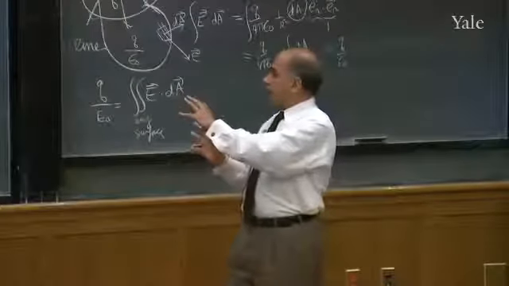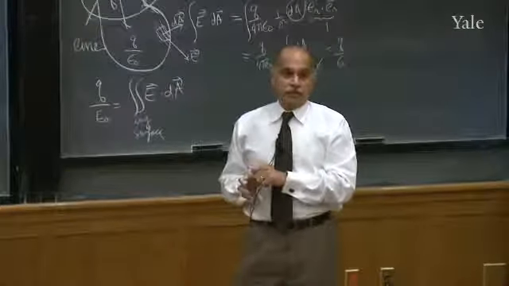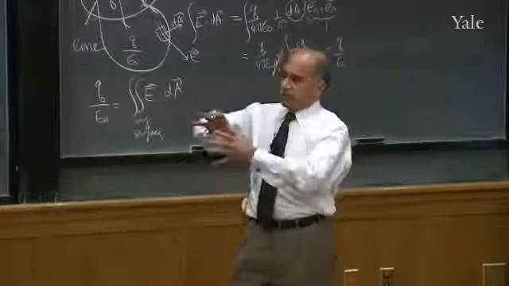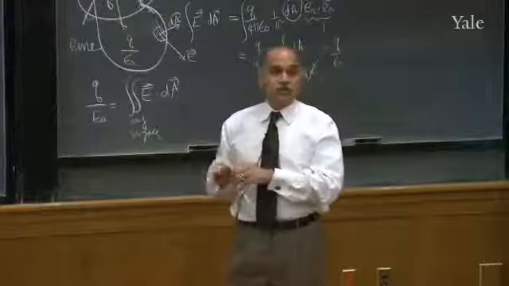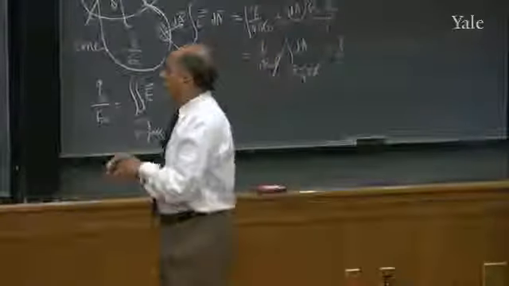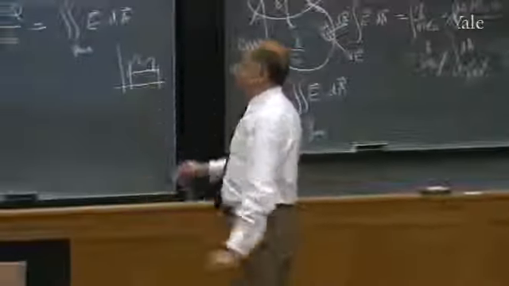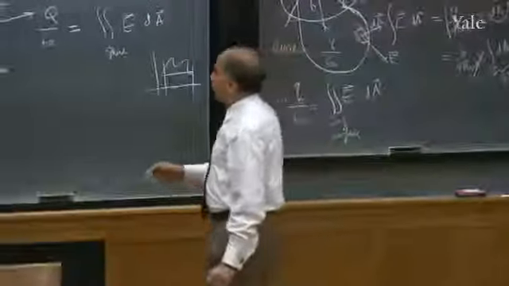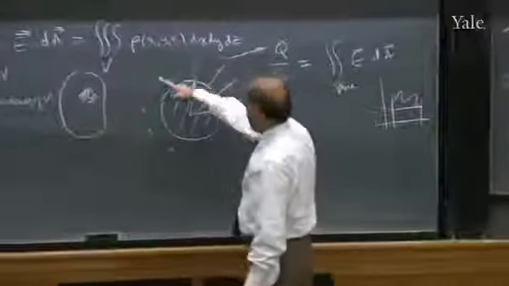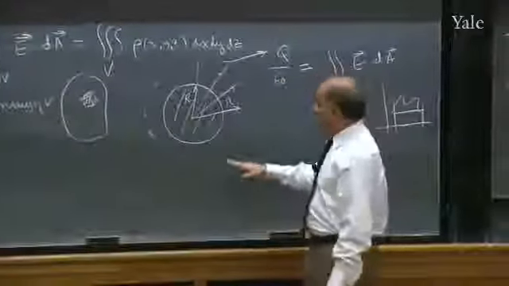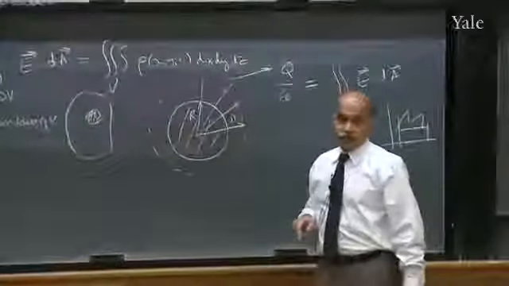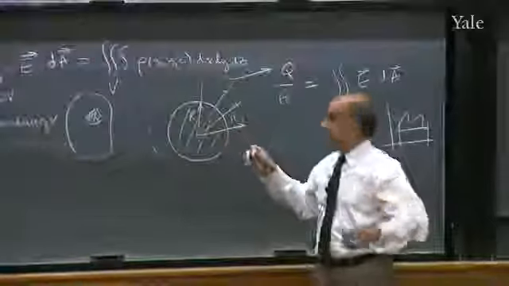So the field pattern cannot look different. If the field pattern looked different when you rotated it, then you have a problem because the cause looks the same, but the effect looks different. That's not allowed. The only allowed thing is a radially outgoing electric field. Therefore, the electric field is radial and also constant throughout the sphere because all points on the sphere are equivalent. There's no reason why this is any better than that. The sphere looks the same from all directions.